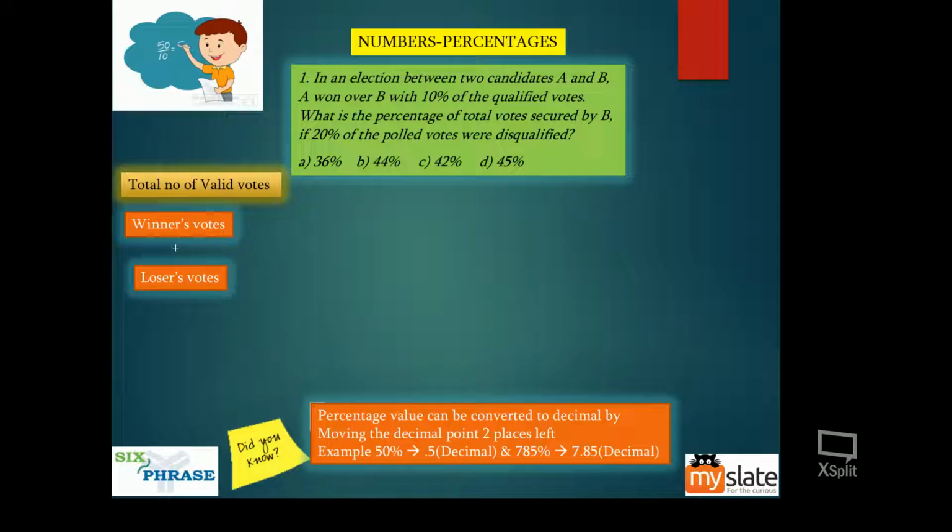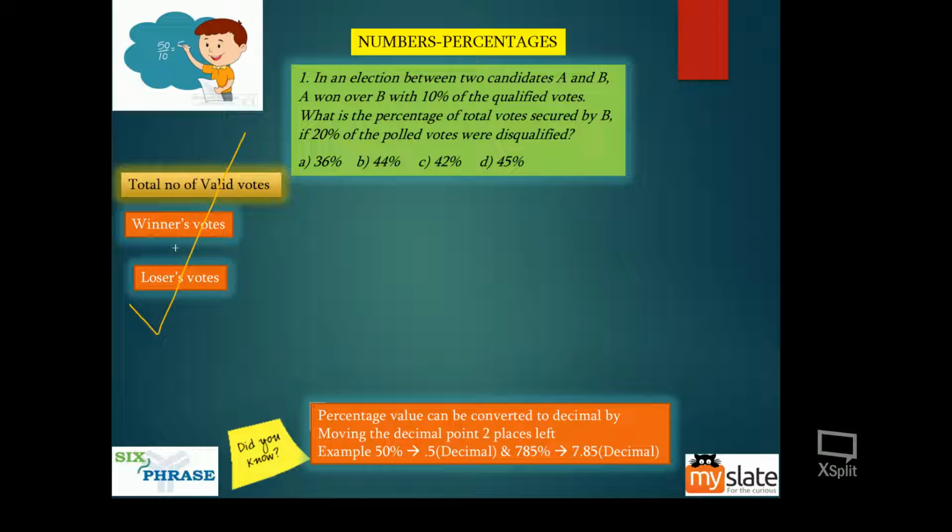So this thing you have to be aware of: the total number of valid votes will always be equal to the winner's votes plus the loser's votes.